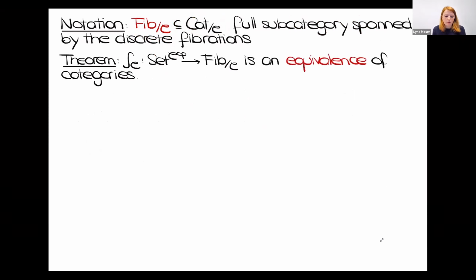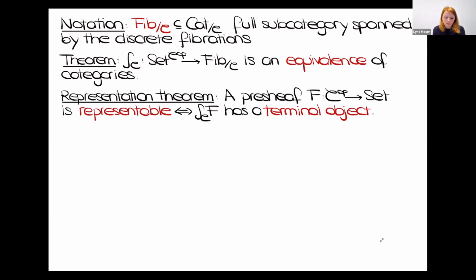And so then we have that the Grothendieck construction is an equivalence of categories between the category of presheaves over C and the category of discrete fibrations over C. And so the representation theorem is kind of a corollary of this fact, but you need to work a little bit. And then you can show that a functor F from C up to C to Set is representable if and only if its Grothendieck construction has a terminal object.